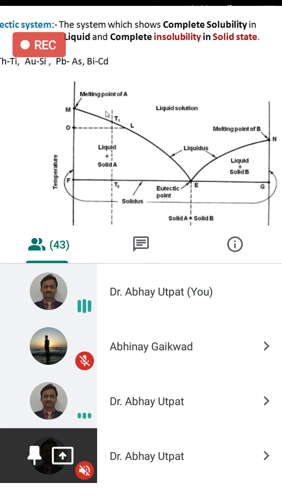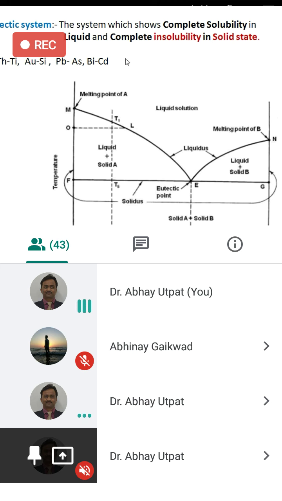Arrows are shown and solidus is written. I am taking the cursor at M, then below F, then here E, then G, then N. This complete line is solidus. And in between liquidus and solidus, there is solid plus liquid.